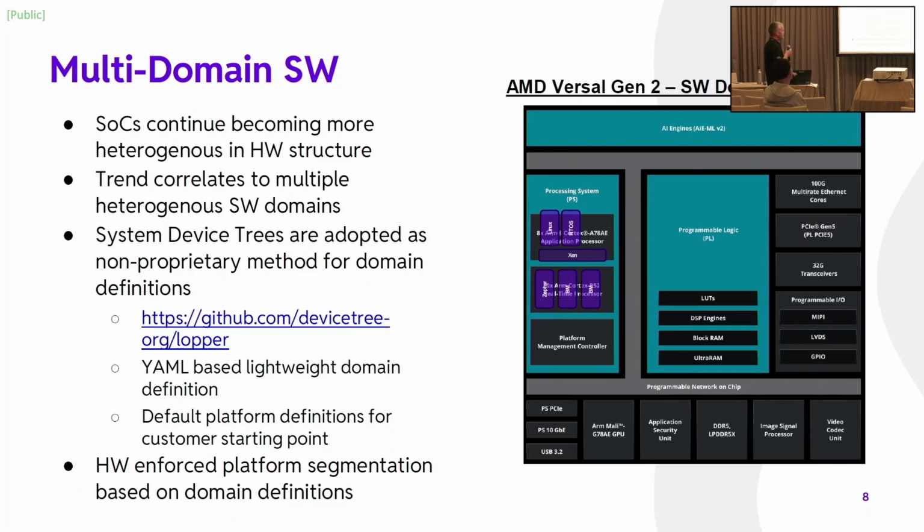Multi-domain software, this is the last key piece. Another key point of the Linaro partnership is that as these SoCs are becoming more heterogeneous in hardware, correspondingly the software is also becoming more heterogeneous. A very typical example I show here is on the A78 clusters, we might be running Xen, Linux might run an RTOS, QNX, VxWorks, I don't know, next to it, and then the R52 clusters could be running Zephyr, a couple of different bare metal applications.